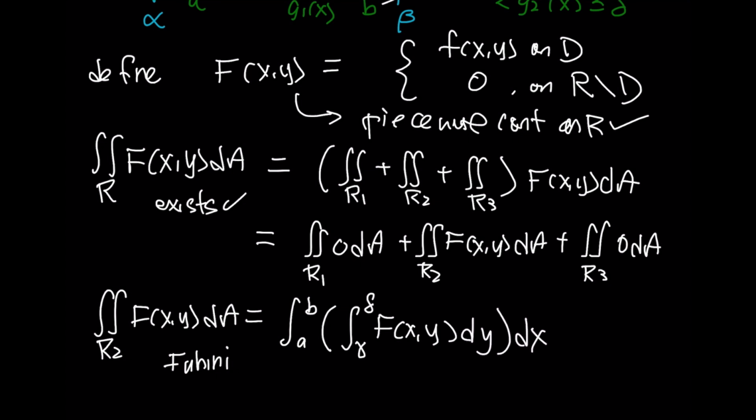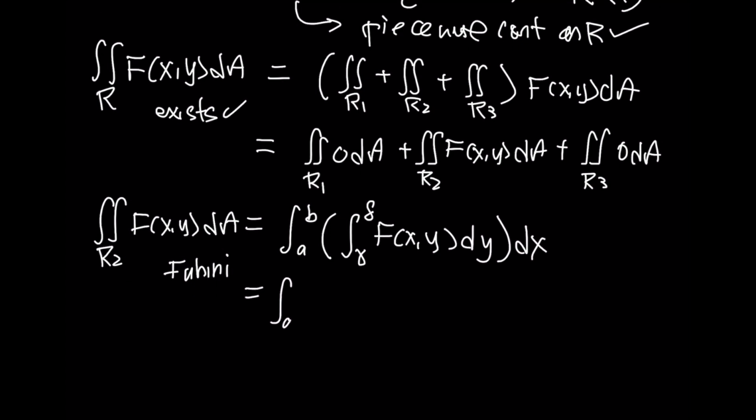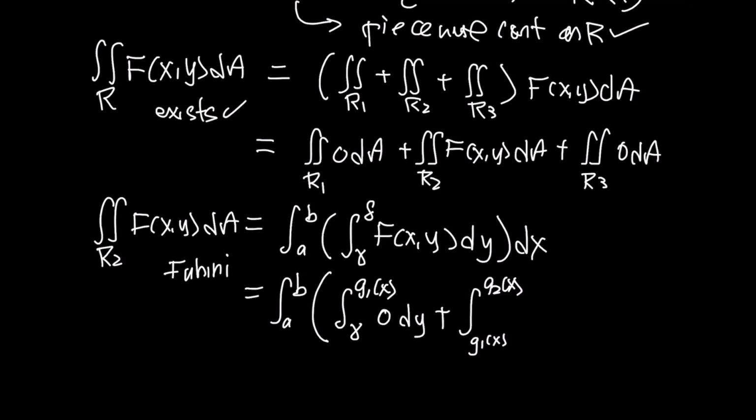Now within that rectangular box, from gamma to g1 of x, the function will be 0. From g1 of x to g2 of x, the function will be little f. And then in the third region from g2 of x to delta, the function will be 0.